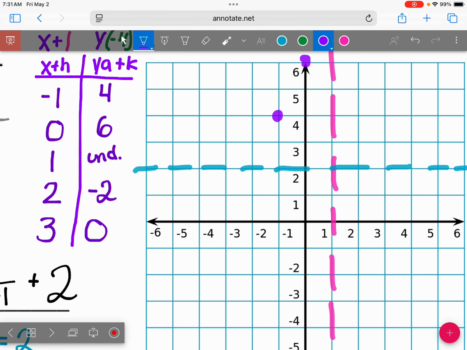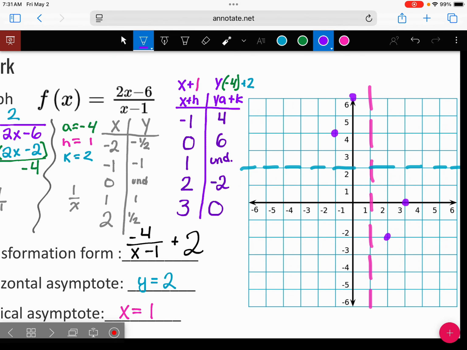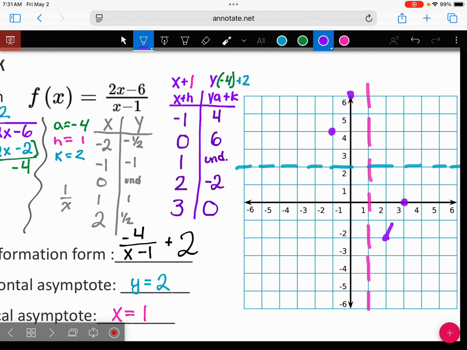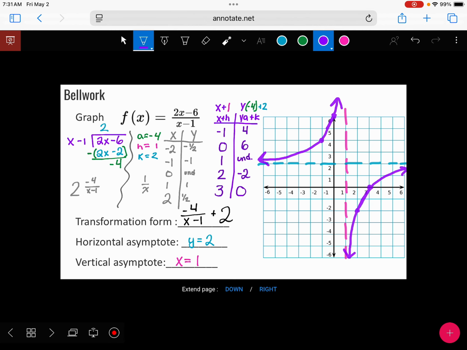Our 2, -2 is way down here. And 3, 0. So we know it's going to connect or approach our asymptotes. So these are going to look kind of like this. Well, kind of like that.